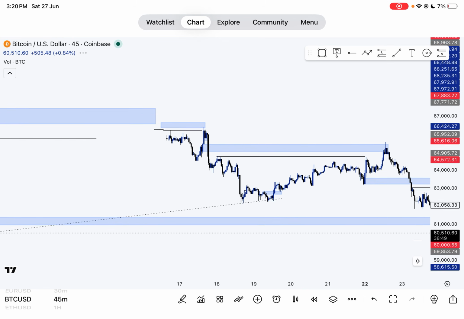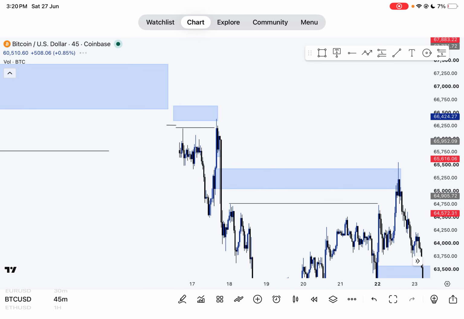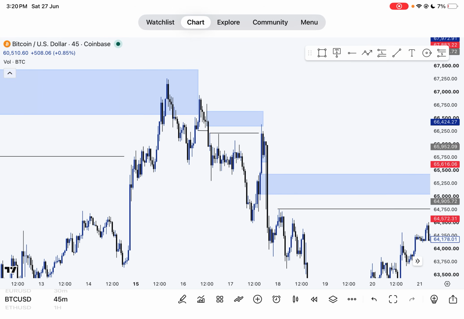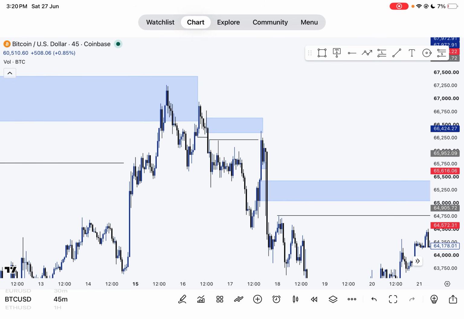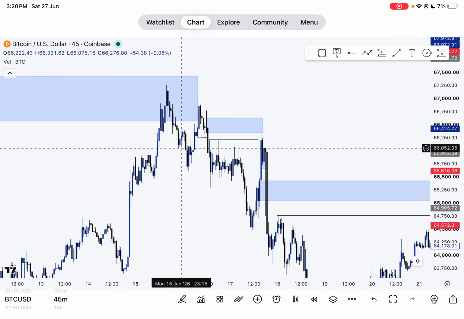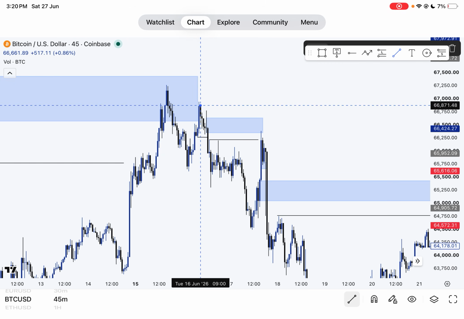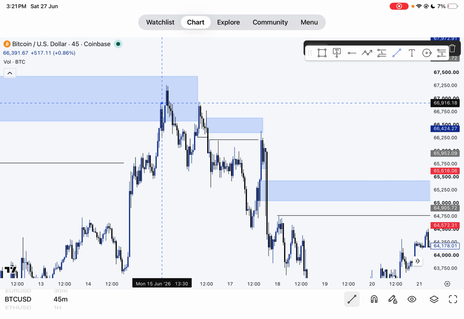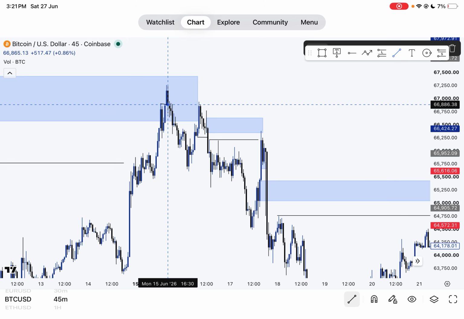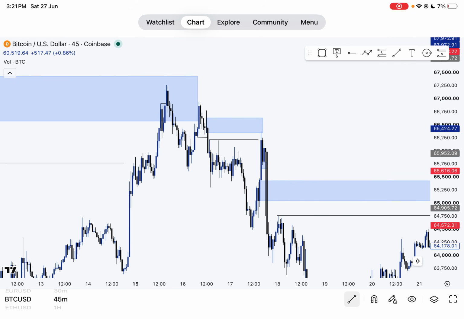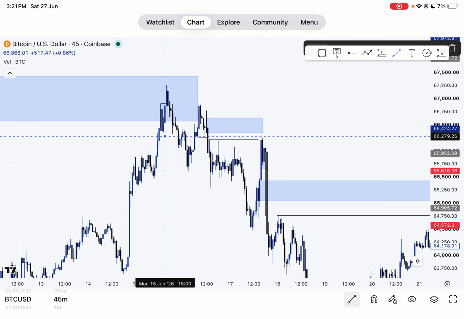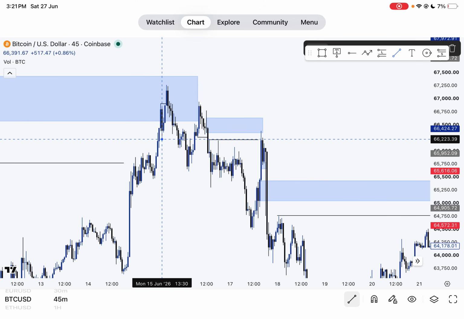Starting from the 1 hour time frame, if you can see clearly, what can you see here? This was a break of structure to the upside, and this was a sweep right here. A market structure shift right here, right?